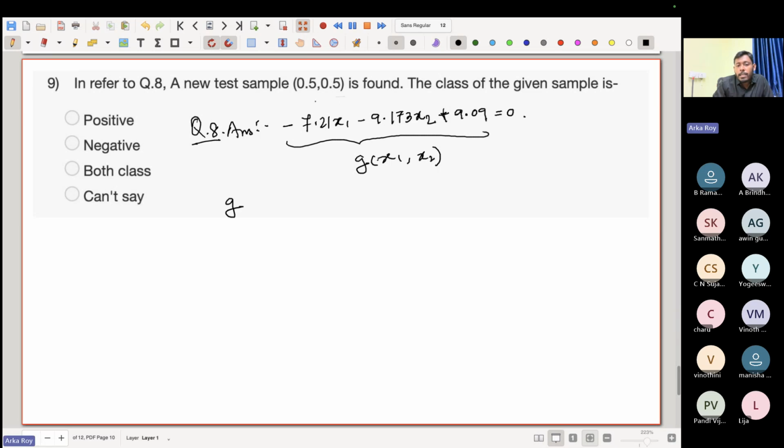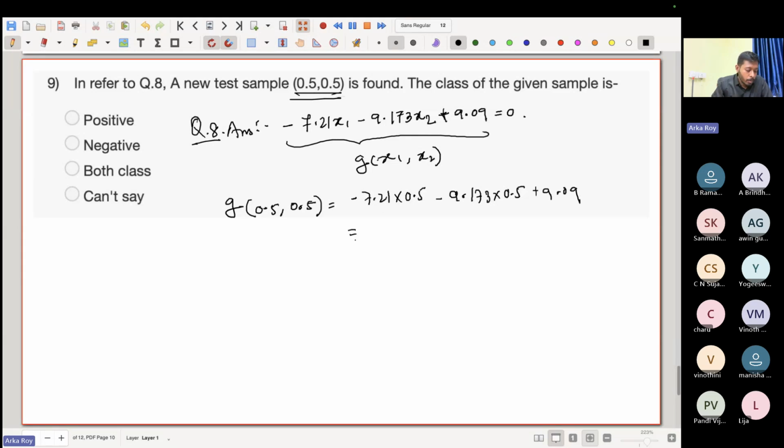Now you have a test sample, so you put 0.5 comma 0.5 in this equation. It would be minus 7.21 multiplied with 0.5, minus 9.173 multiplied with 0.5, plus 9.09.